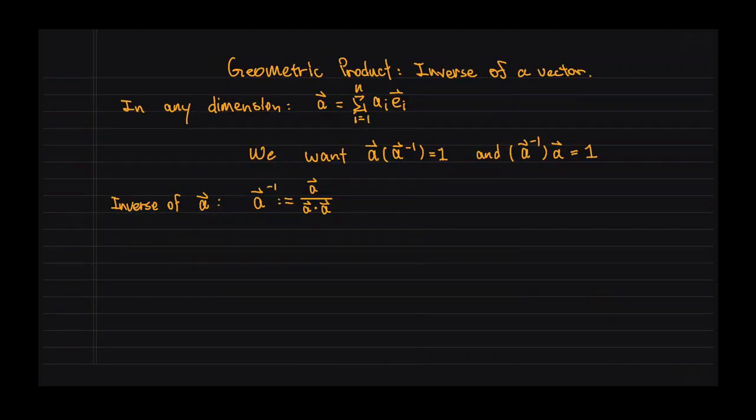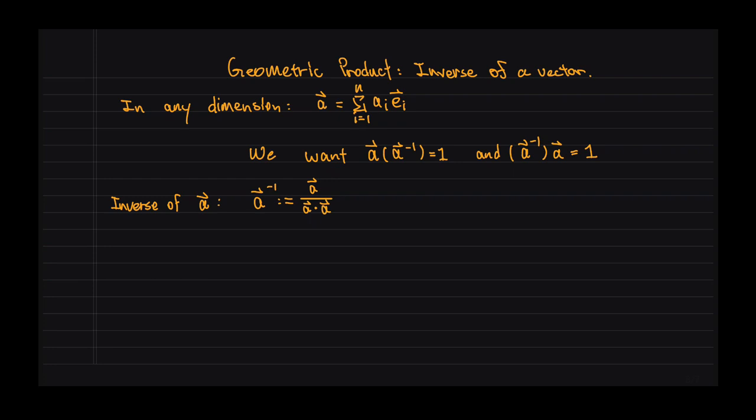Now we can try to find the inverse of a vector in the geometric product. This time we don't specify one specific dimension. Instead, we think about any dimension, such that vector a is the sum of a_i, not a vector but a scalar a_i, with vector e_i. And i is the index from 1 to n, up to the dimension.